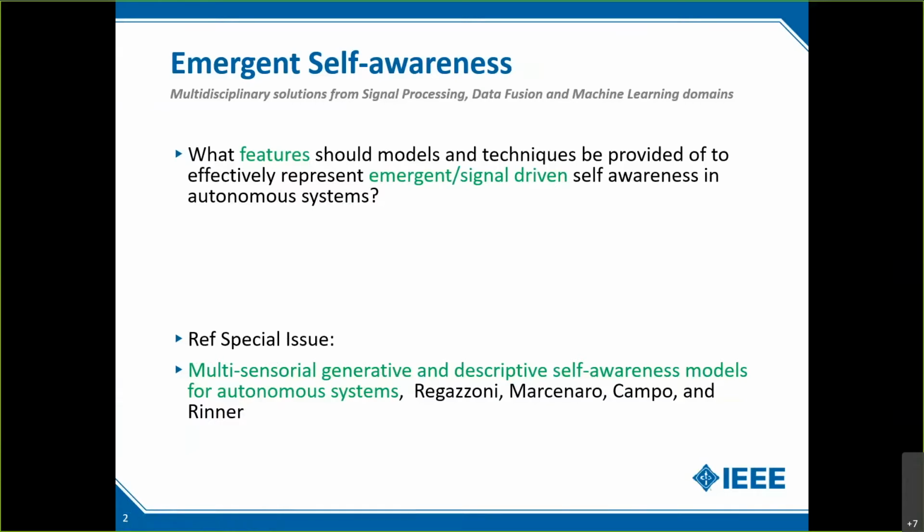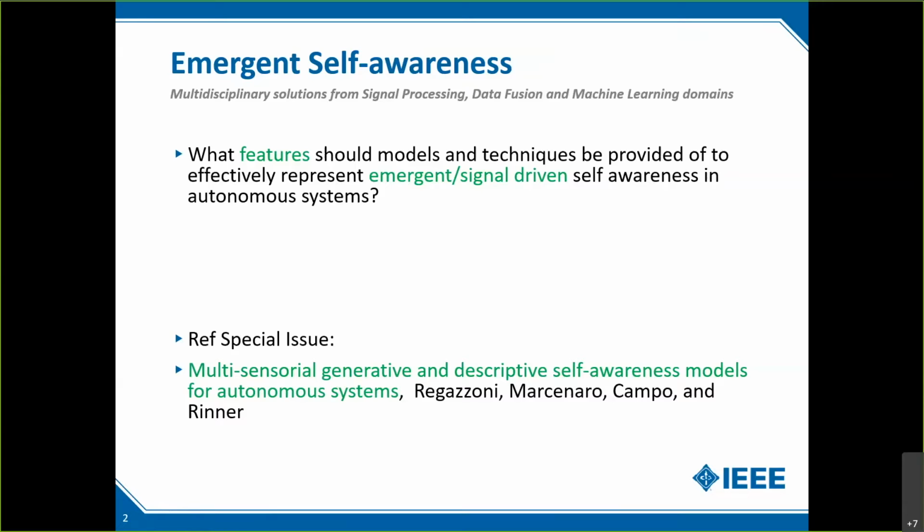But in this way, we try here to concentrate more on what features, as related to the question that was given at the beginning of the panel, this self-awareness model should have from the point of view of being directly created from signals.